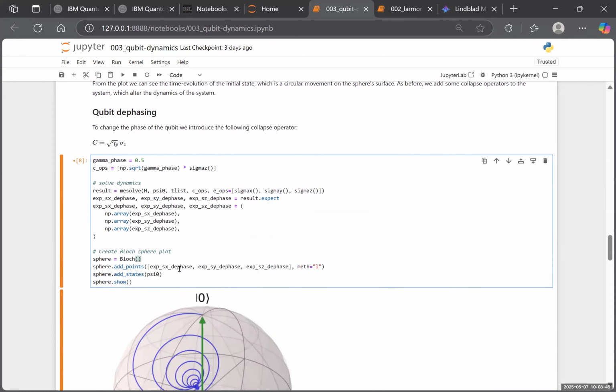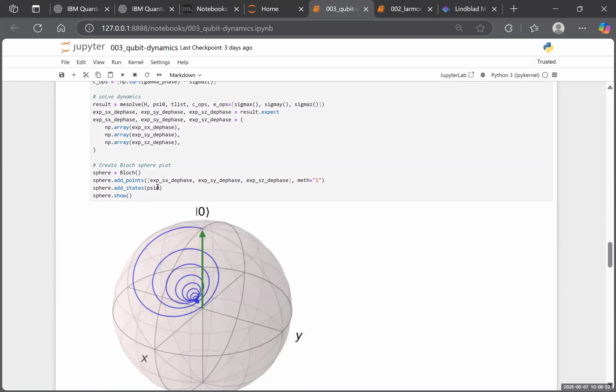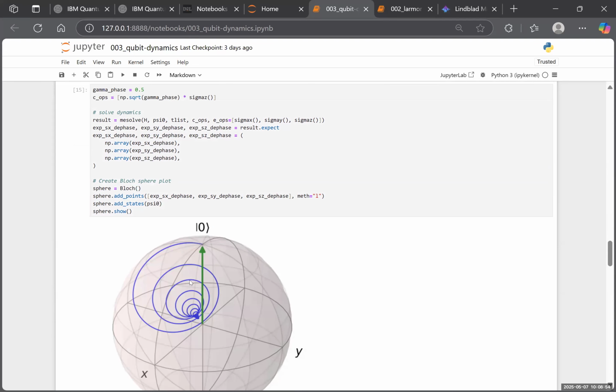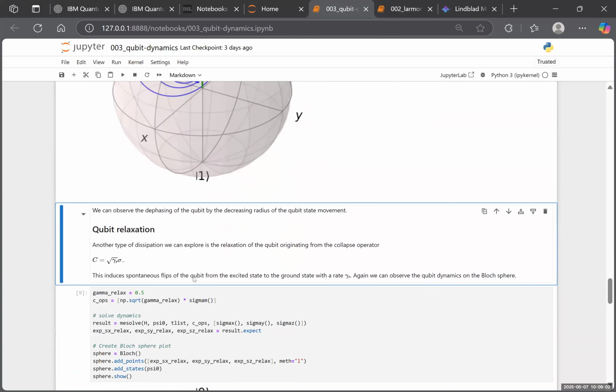That's Bloch sphere and add point, add state. Psi 0 is the initial. So just add the arrow for the initial and then show the trajectory. And again, I don't know why it shows this twice.